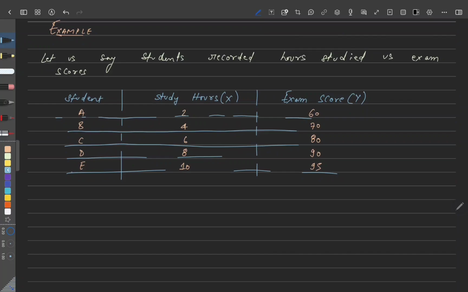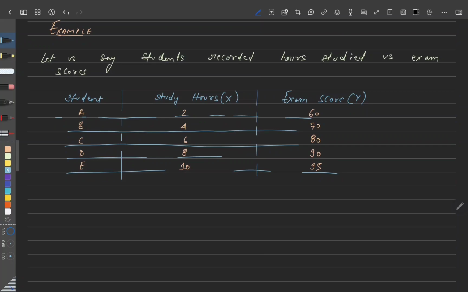So when we calculate the covariance of this data set, we'll get a positive value indicating a positive relationship or positive direction of the movement of these variables. What we mean is that as the study hours increase, the exam scores also increase. We can clearly see with the data because this data is kind of sorted.